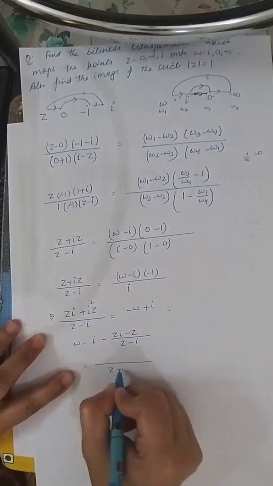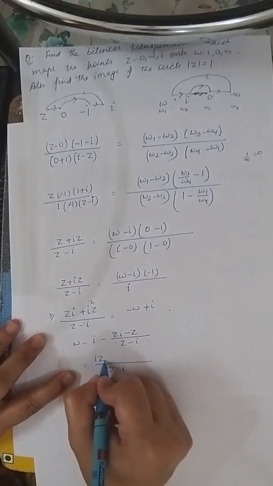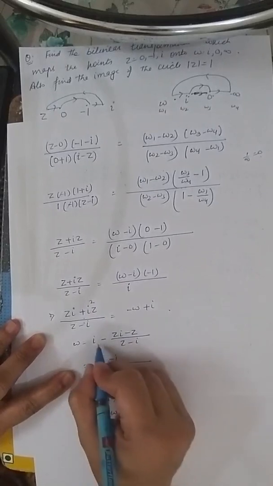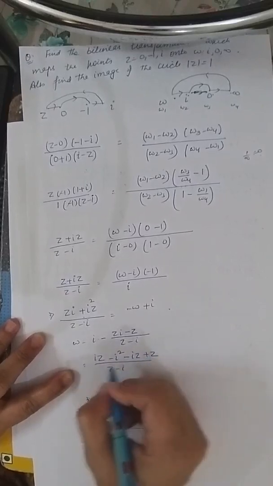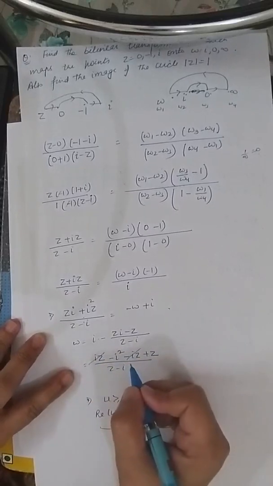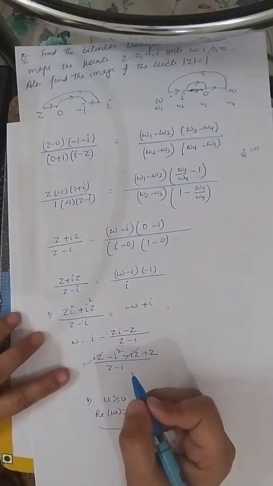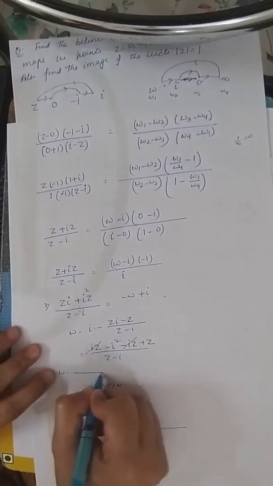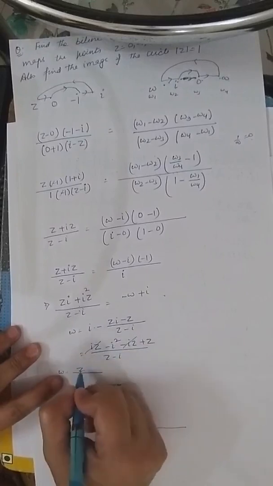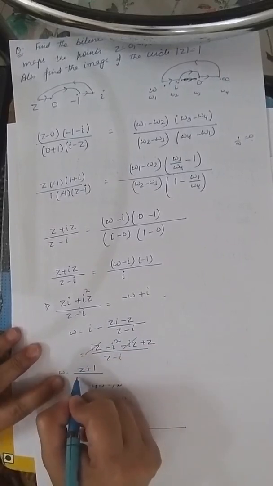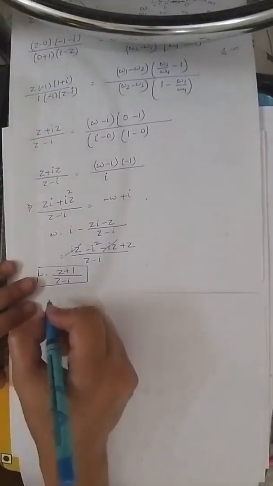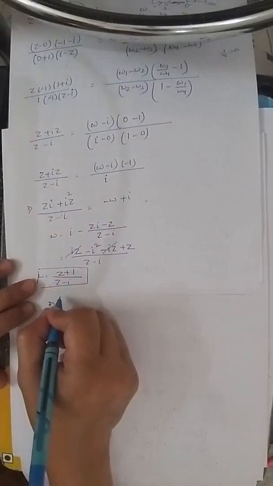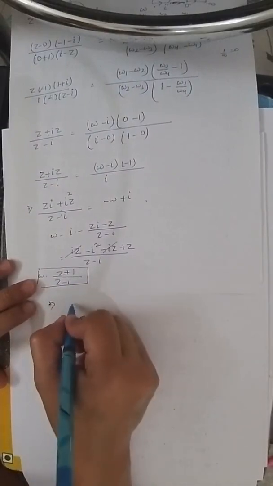Take LCM. (z−ι)(ι) − (ιz−ι²...)... ιz is cancelled out. From here I get w equal to (z, ι² is −1, minus minus plus 1) (z+1)/(z−ι). Now w is this, so from here I will find the value of z.